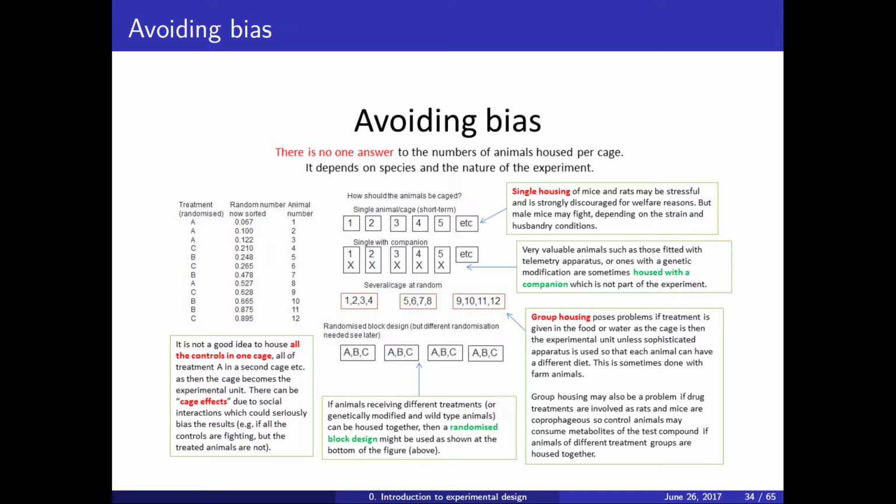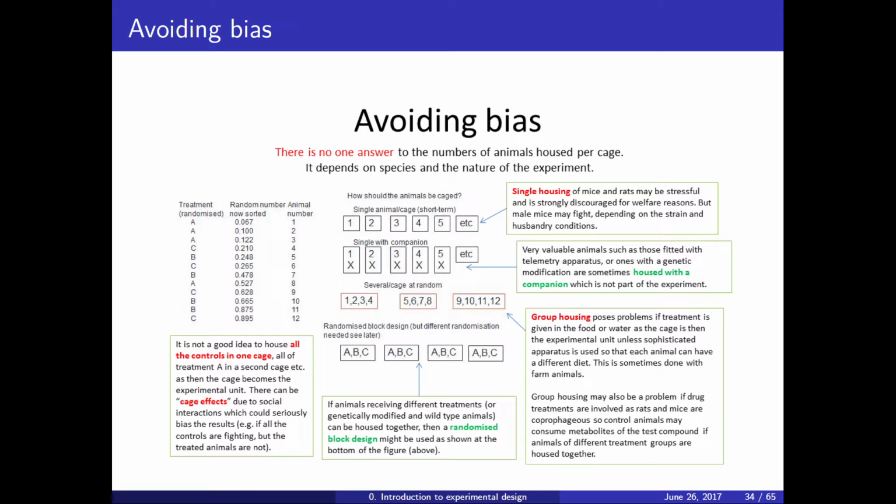But then if you put male mice, male animals in the same cage, then depending on the strain and the husbandry, they may fight each other. Also you cannot put all the controls in one cage, because if there is some cage effect, then you don't know if the difference is because of the cage or because of the control treatment.